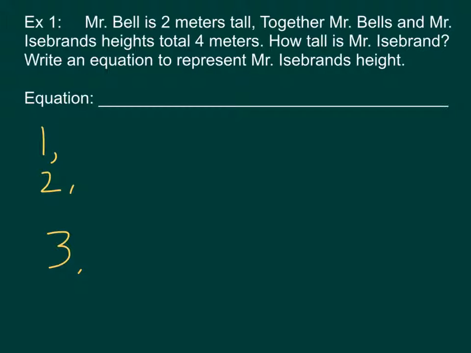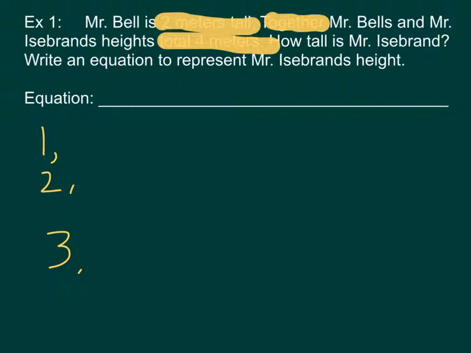Here we go. Let's identify important stuff. Mr. Bell is 2 meters tall. Together, that's a good word there, Mr. Bell and Mr. Eisenbrand's height total 4 meters. How tall is Mr. Eisenbrand? All right. So we have 2 meters tall.